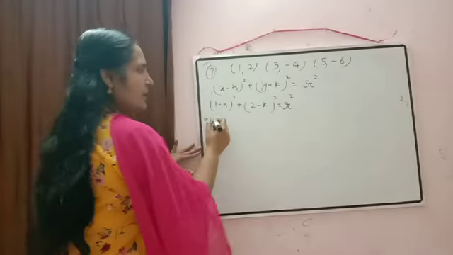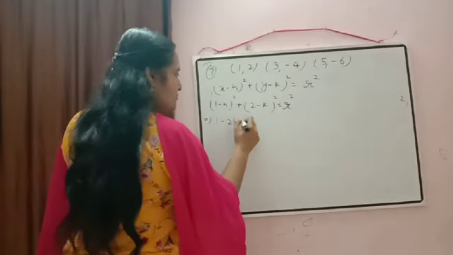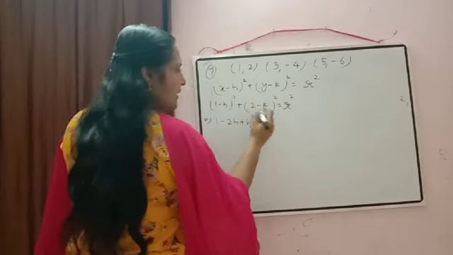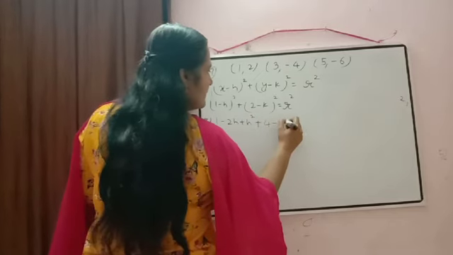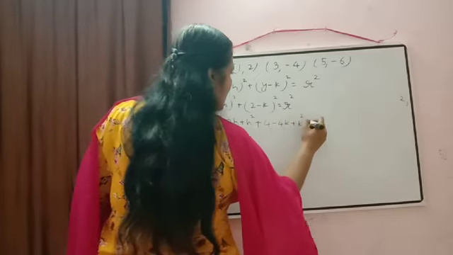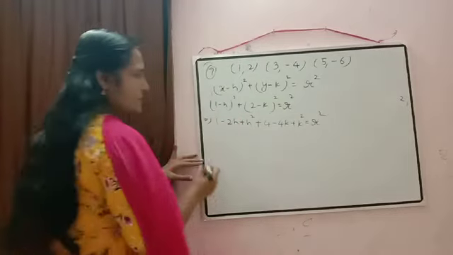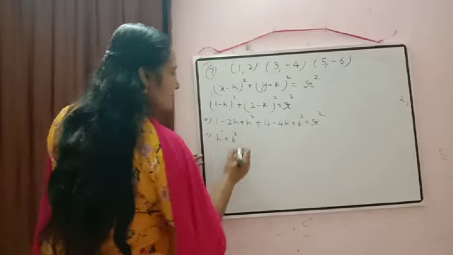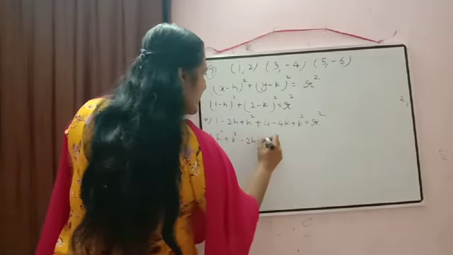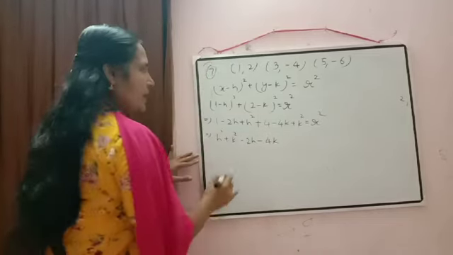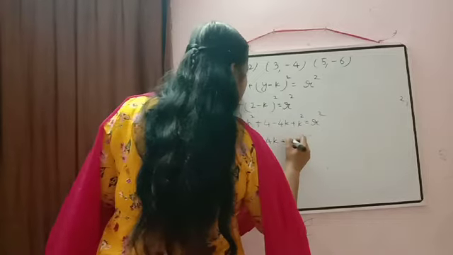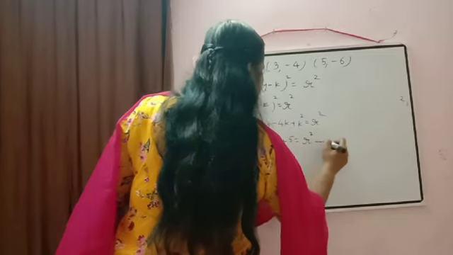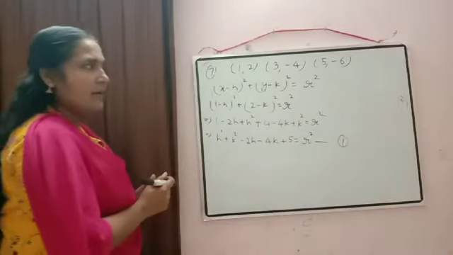Simplify it, what will come? 1 minus 2h plus h square plus 4 minus 4k plus k square is equal to r square. Just rearrange it: h square plus k square minus 2h minus 4k, 4 plus 1, 5, plus 5 is equal to r square. Make it equation number 1.